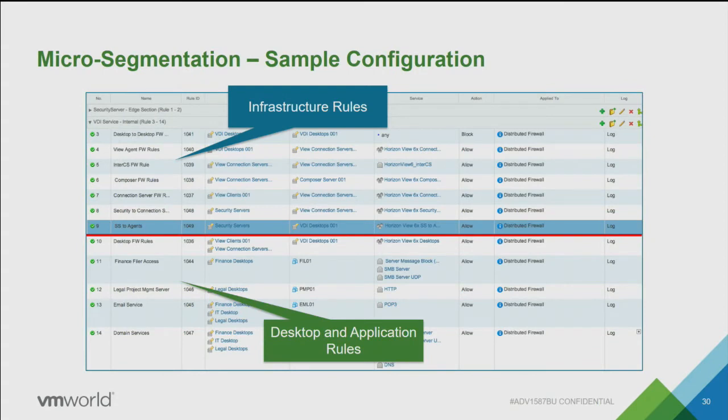Another thing I want to mention, as a methodology for discovering the different ports and protocols for applications such as the Horizon infrastructure, is that NSX has a tool called Application Rule Manager. That tool is a network flow analysis tool that will automatically learn the behavior based on all the communications of an application or application set, and then allow you to automatically create rules based on those flows.